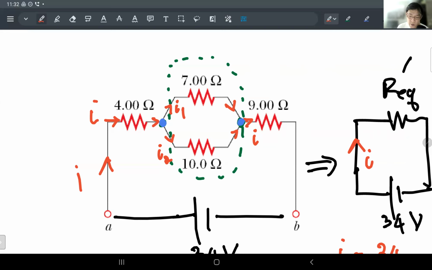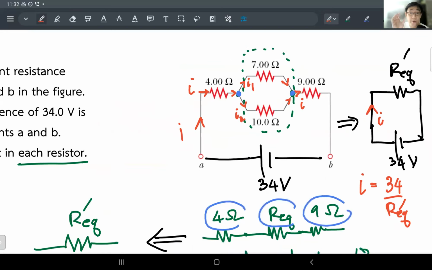Well, we use the same trick, because we know the potential difference calculated through the upper path or the lower path will be the same. The potential difference can be calculated by V equal to IR.